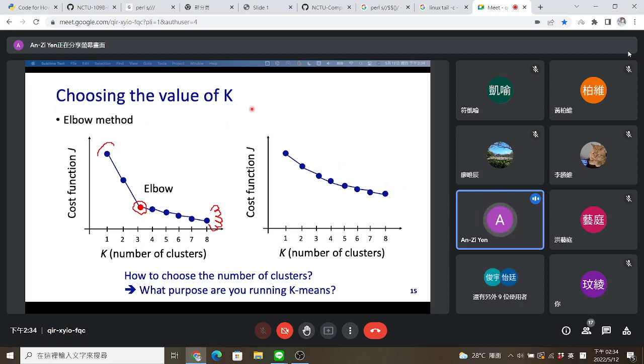So you can set the value of k based on your purpose and your goal.